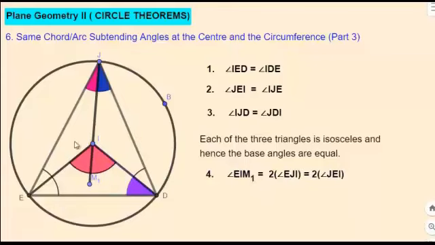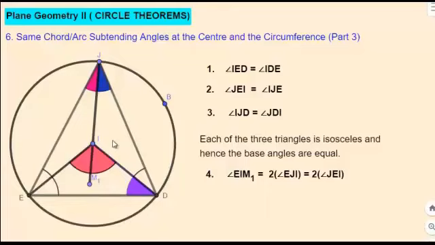Again, because angle EJI is the same as angle JEI, when we multiply this angle JEI also by 2, it should give us angle EIM1. Or when we add the two angles at the base of the triangle, they should give us angle EIM1.